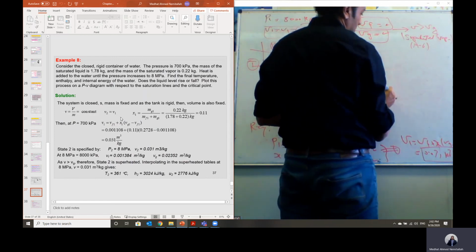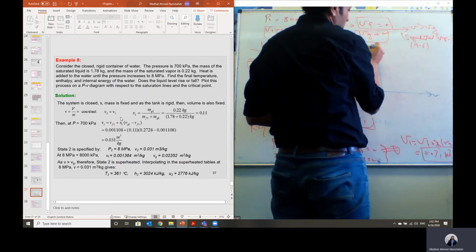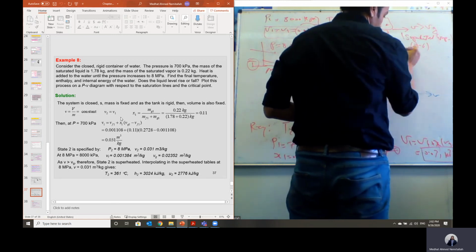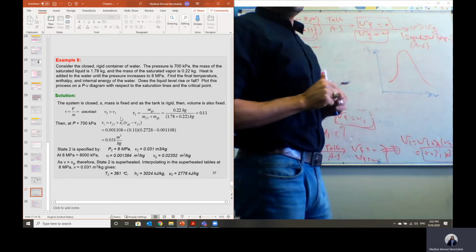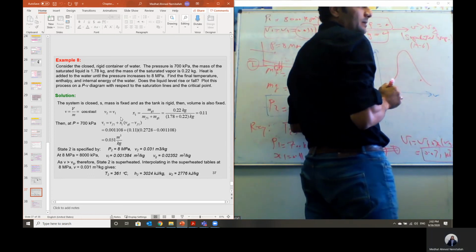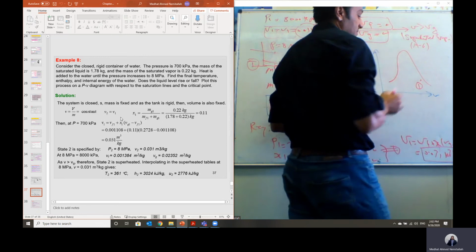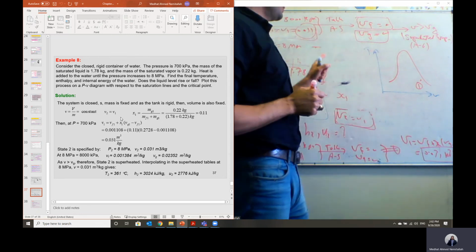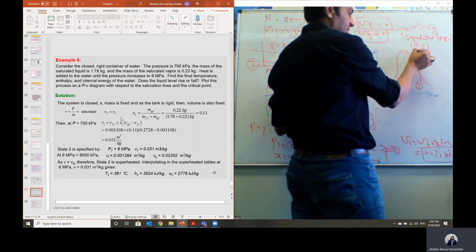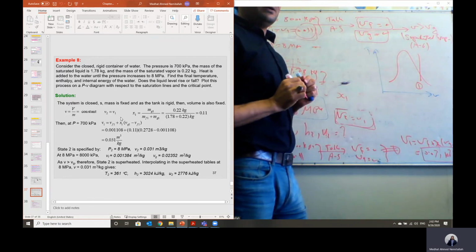So let's look here at the temperature-specific volume diagram. With respect to the saturation curve, this is the saturation curve. So first of all, the state was a saturated mixture. So let's say this is state number 1. And the process is constant volume. So constant volume will be just a vertical line.